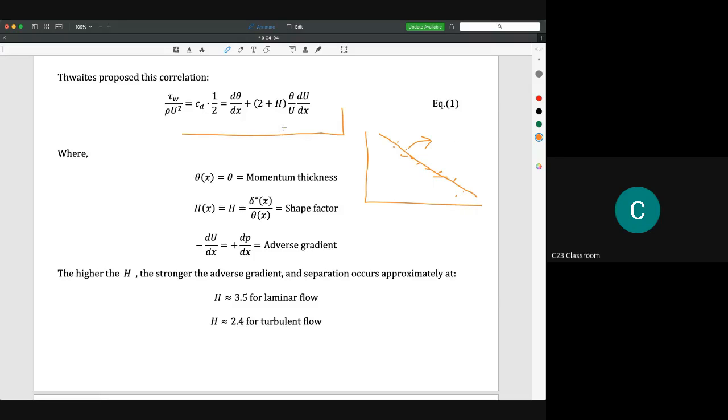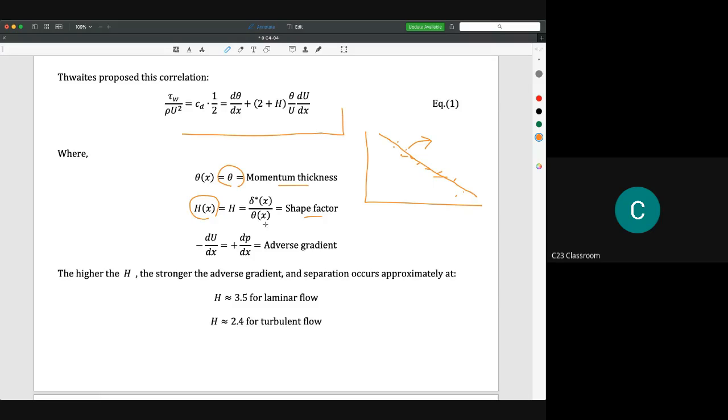Finally, Twitch proposed that tau over rho u squared is equal to CD times 1/2, and it can be written as d theta/dx plus (2 + H) theta/u du/dx, where theta is the momentum thickness and H is the shape factor.